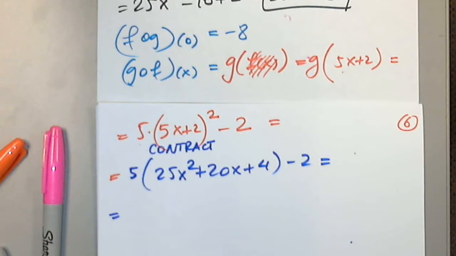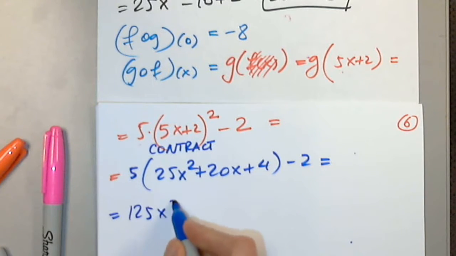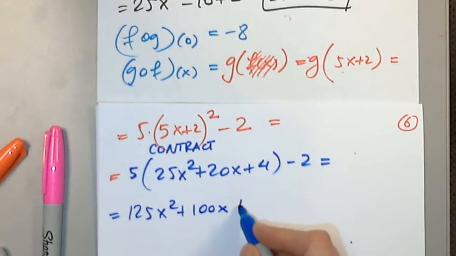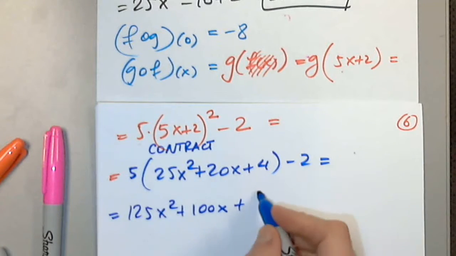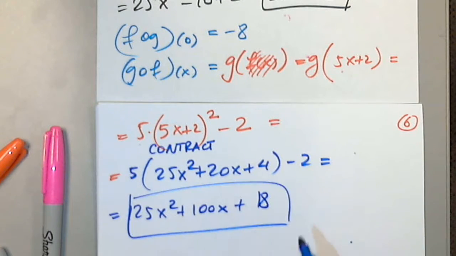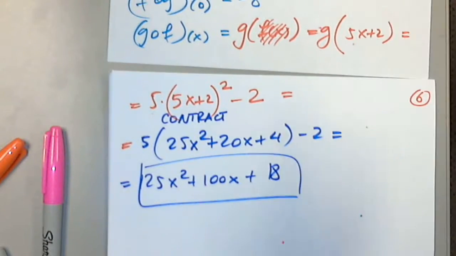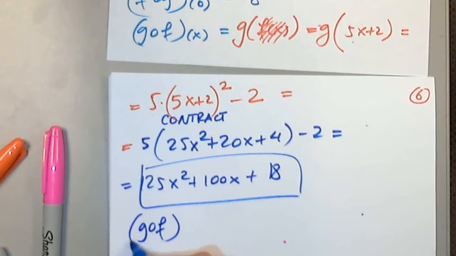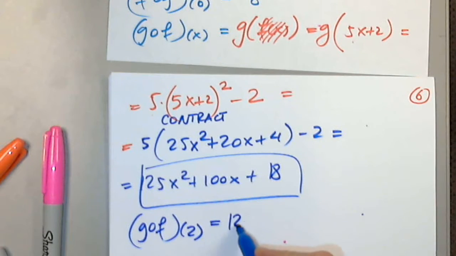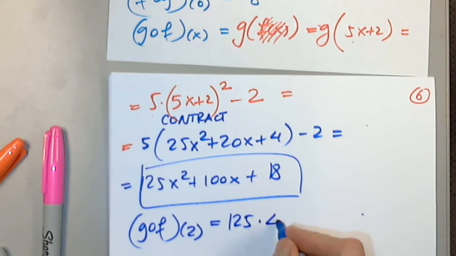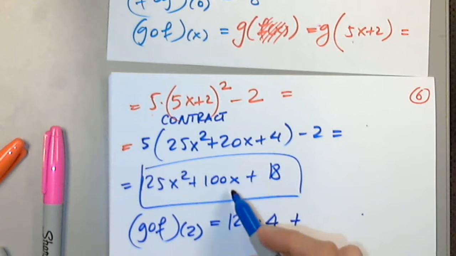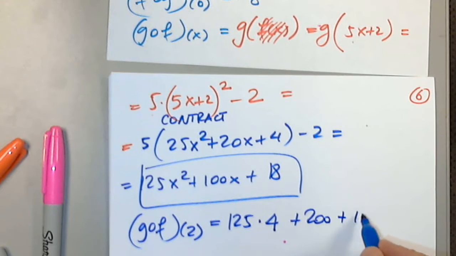Very good. So then we have 125x squared plus 100x plus 20 minus 2 is 18. Now we are asked to evaluate this function at 2. So let's evaluate it. I have the function right there. So g comp f of 2 will be 125 times 4 plus 2 times 100 plus 18.